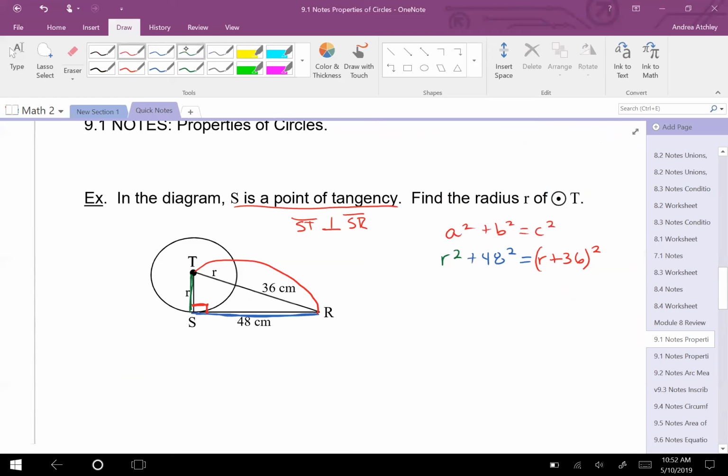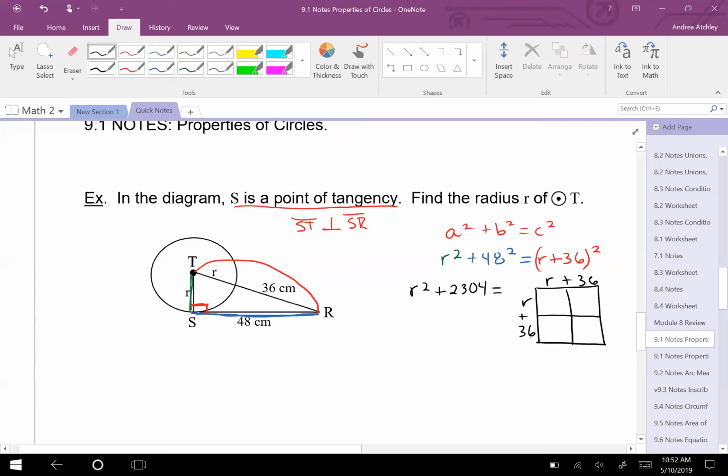Okay, so let's do that math. We're going to get r squared plus, what's 48 squared? 2,304. Okay, to multiply this out, you need to use your box. Remember, this is r plus 36. This is r plus 36.